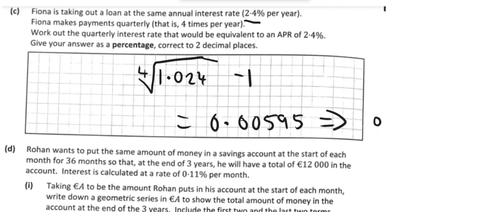So it's 0.59. So if I had rounded it off to that first, it would give me that. So about 0.59%.